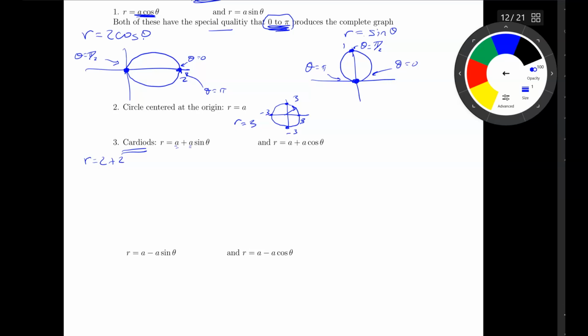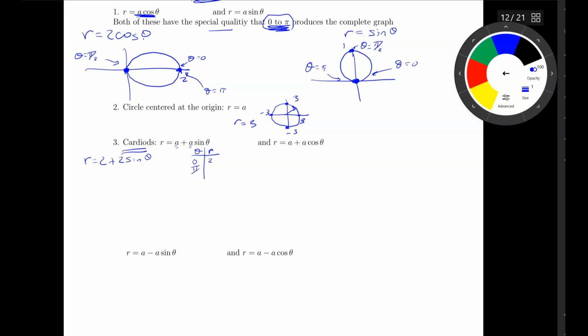So when the number a is the same, let's just do r equal 2 plus 2 sine theta. Let me show you what happens when I plug in different angles and how to plot some points. It's going to be important for you to be able to plot some points. So if I plug in angle 0, I get r equal 2, because the sine goes to 0.